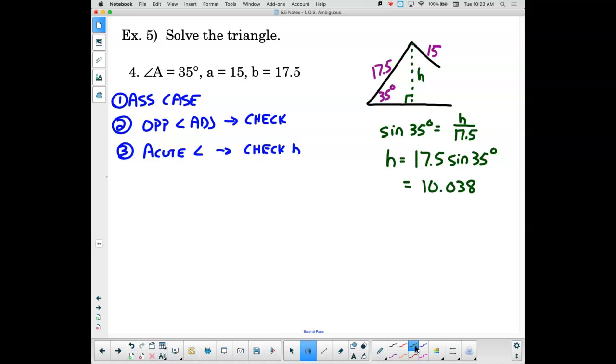So that's going to get me opposite is bigger than h, so that's going to be two triangles, which we already knew.